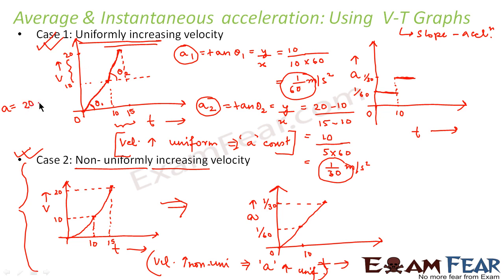So final velocity minus initial velocity divided by the time taken for this change. So what is the time taken for this change? That is 15. So 15 into 60. So this would be equal to 20 into 3, that is 1 by 45 meter per second square. So even this value matches with the value which we found in the previous slide.